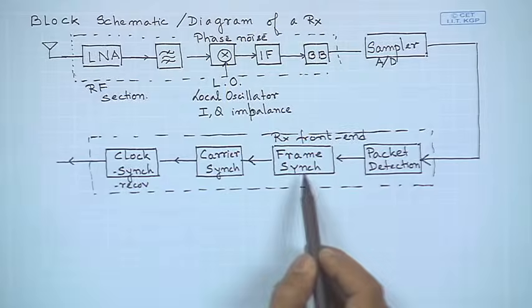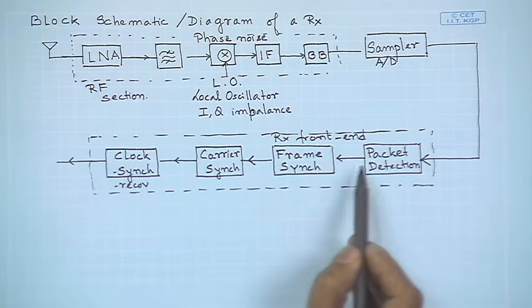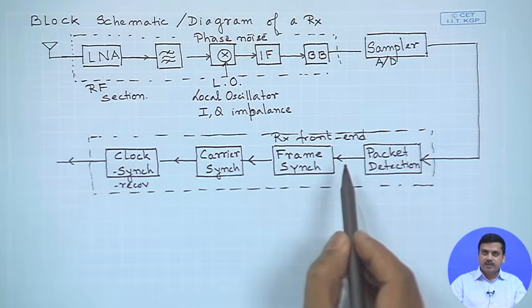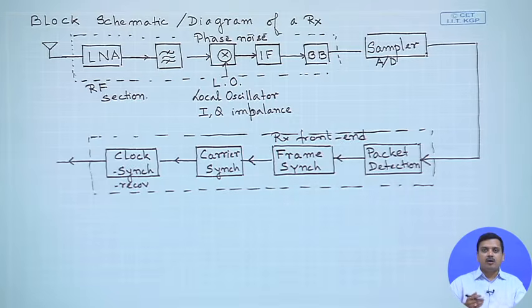Then we have a frame sync, because when you're doing packet detection, you're simply detecting whether a packet is present or not. So at a clock rate, this module will be sending a 1 or a 0 whether there is a packet. The moment there is a confirmation that there is a packet, immediately afterwards the frame sync should start, which should identify at which exact point the frame gets started. Because you have seen we are sending a sequence of zeros and ones, and if we are not recording this sequence at the appropriate moment of time, then we may land into errors.